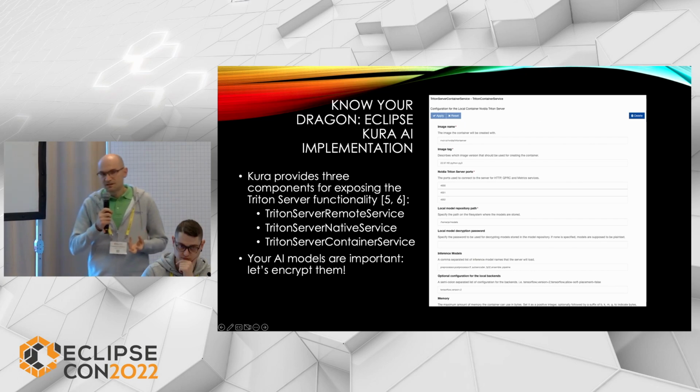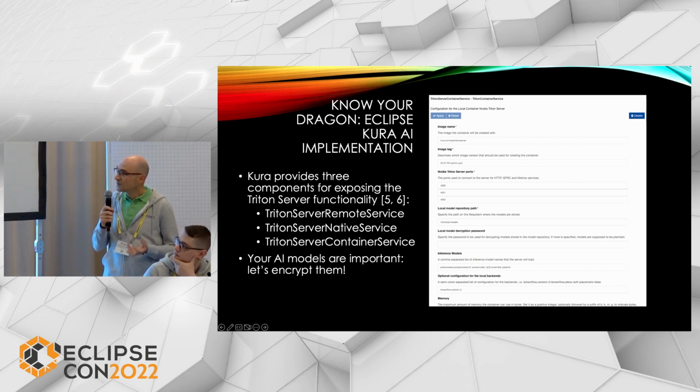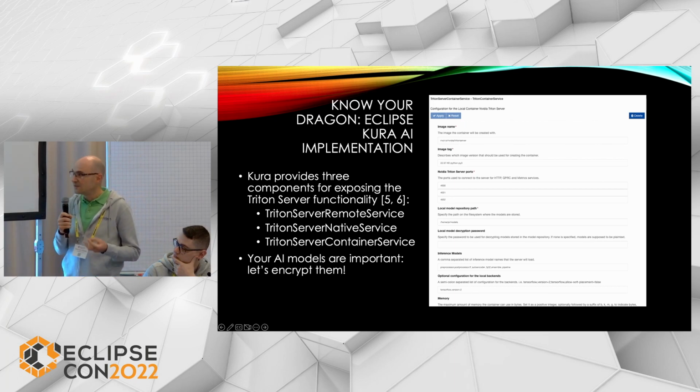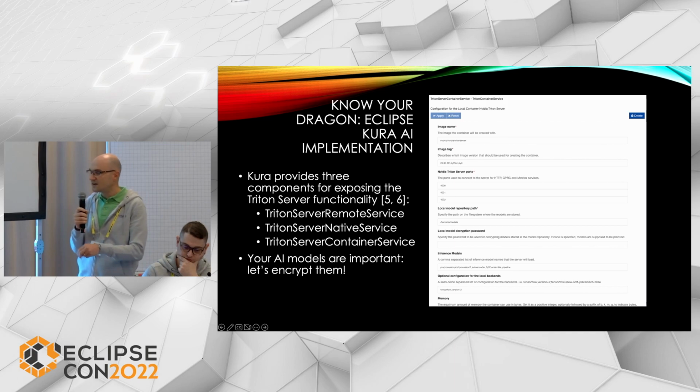In this type of application, one of the most critical and important parts is the model, because we spend a lot of time and money collecting data and training the model, and then we should deploy it in an edge device that is put in the field. So we leverage the encryption features of Eclipse Kura to encrypt the files and the models in the system.